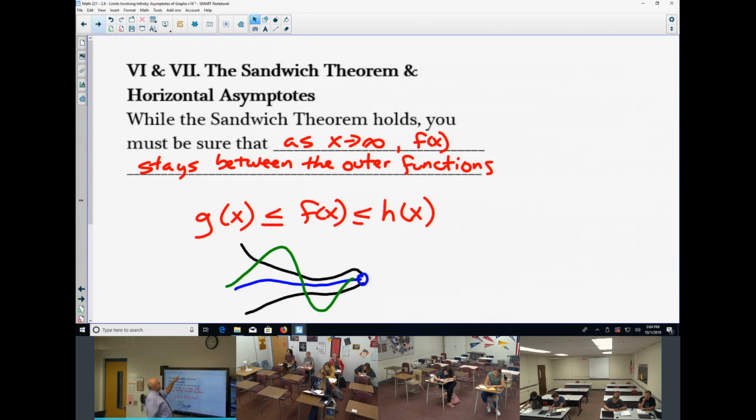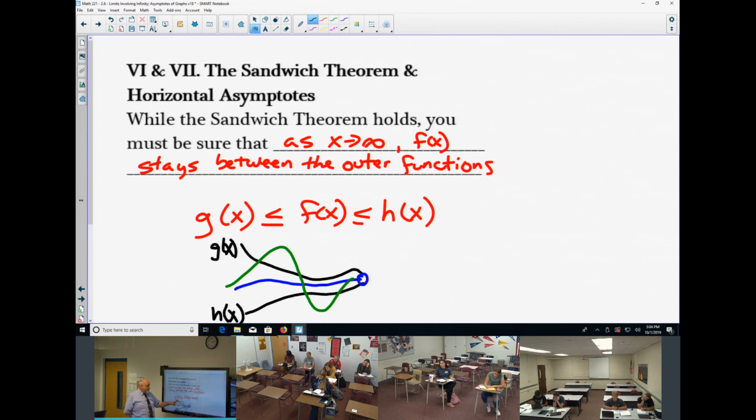So let's say this black function here is g of x, and this one is h of x. See, if they come together at this point, then for this blue function, we could tell what the limit is, because it's going to be the same as these other two.